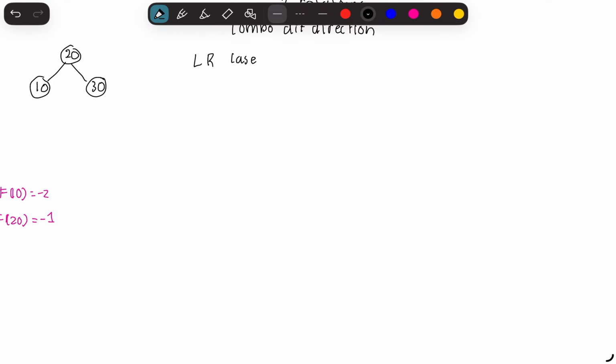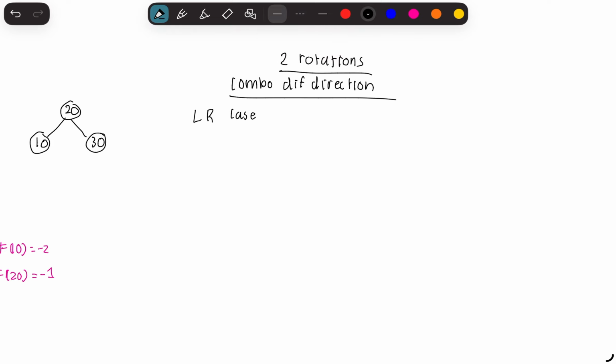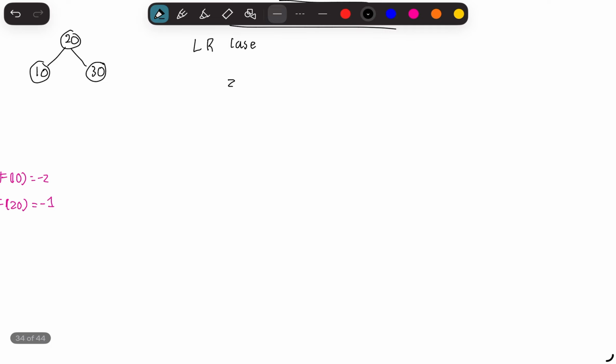So in a left-right case, this is your second category. This is when you have an angled tree. Here, let's say we have z, y, x.